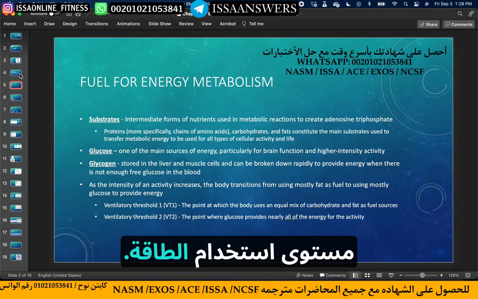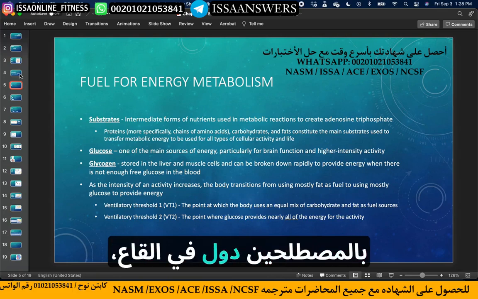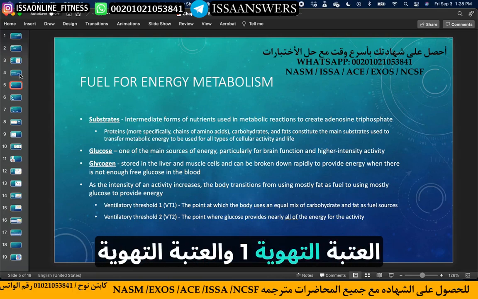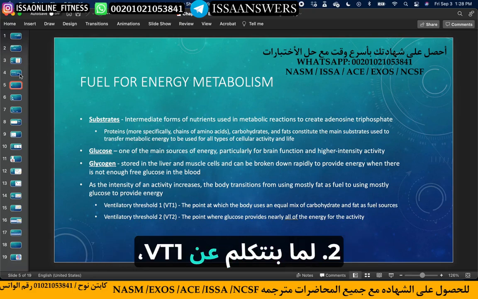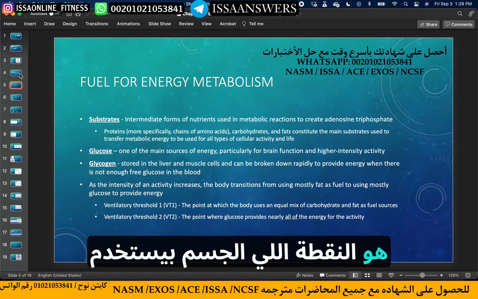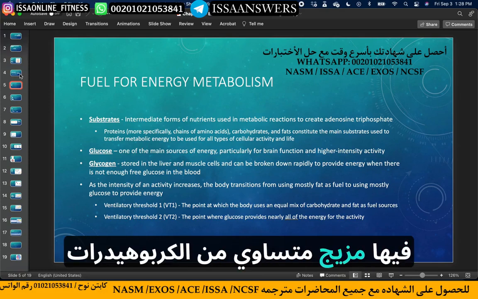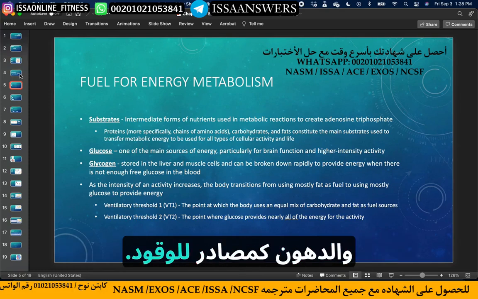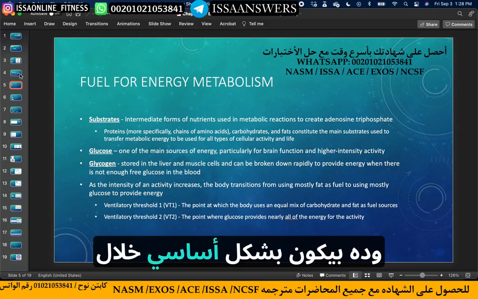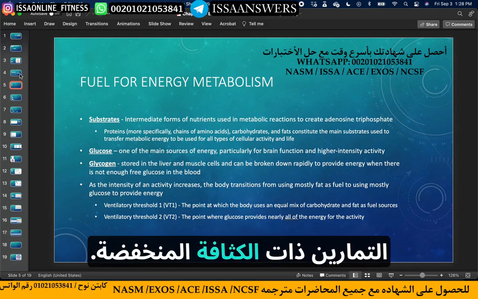Now, NASM is really big on these two terms at the very bottom, ventilatory threshold 1 and ventilatory threshold 2. When we talk about VT1, like it says there, it's the point at which the body uses an equal mix of carbs and fats as fuel sources. That is predominantly during lower intensity types of exercise.